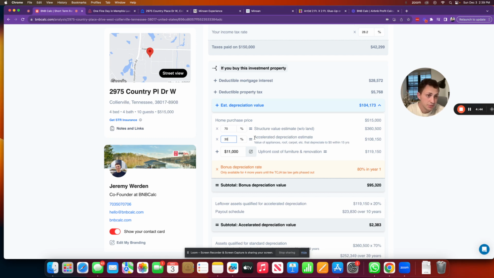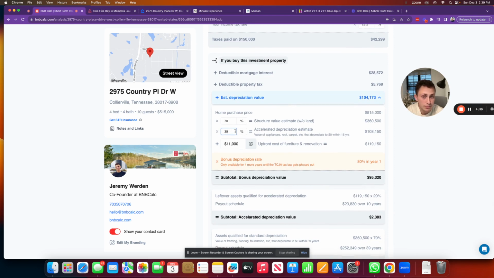Next year, it's going to be 60%, 2025 it's going to be 40, the following year it's going to be 20, and then it's going to stay 20. So from then forward, it's going to sunset. Based off that, we've got the 70%, and the 30% being what can be accelerated.